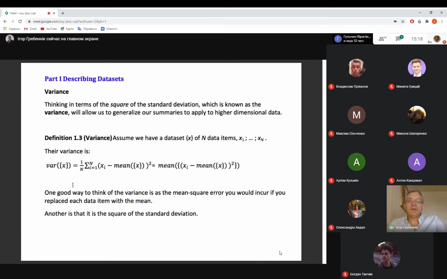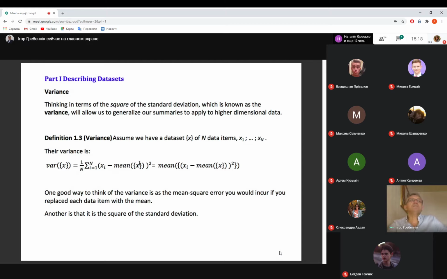The definition of variance. For a data set with n elements, the variance is the sum of squares of differences between elements of data set and mean. So this is a square of standard deviation.